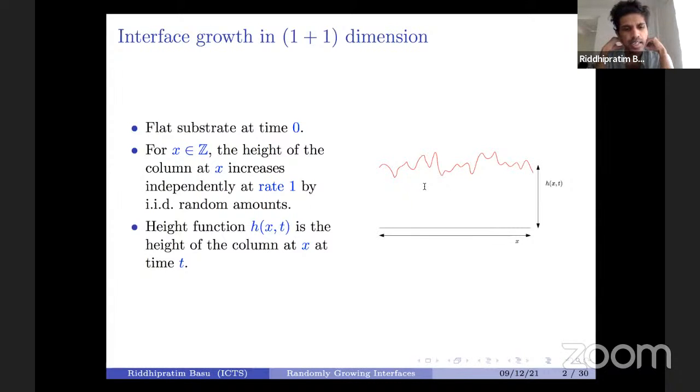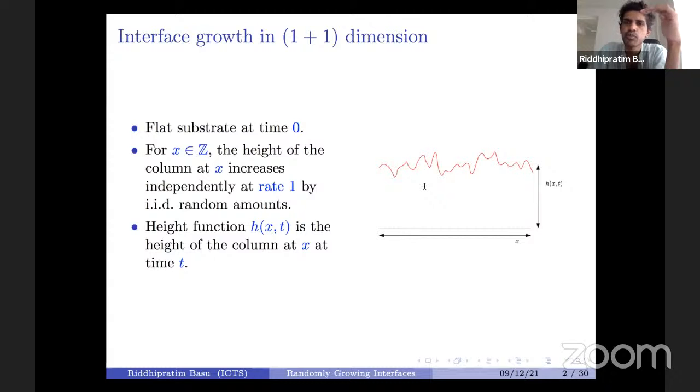So what is the most elementary such model of a growing interface that you can think about? It's probably the following. At each location, you increase the height by some random amount, say an independent and identically distributed amount, after waiting a random amount of time.